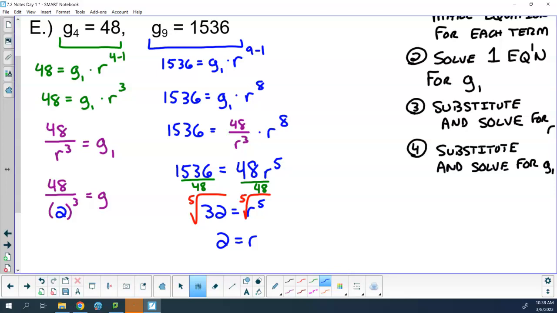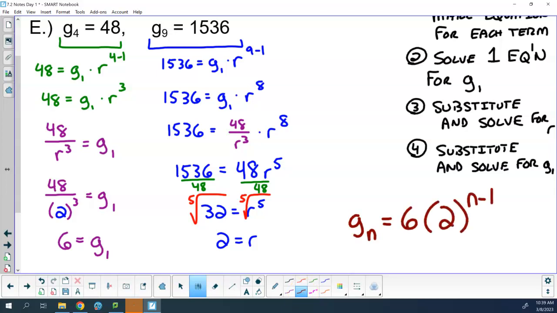You got 8. 48 divided by 8 is 6. My rule: g sub n is equal to 6 times 2 to the n minus 1 power.